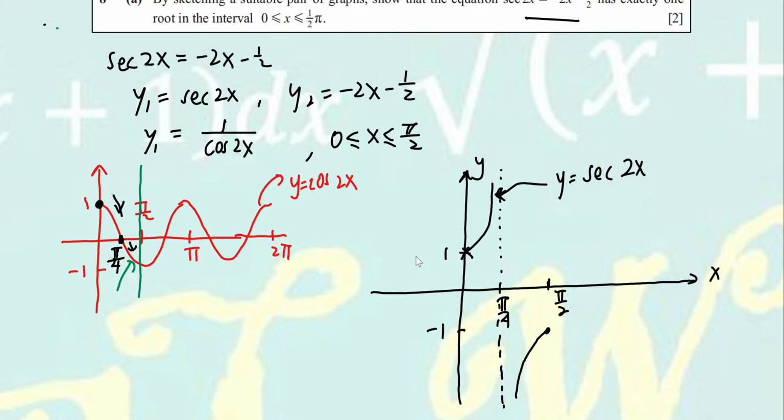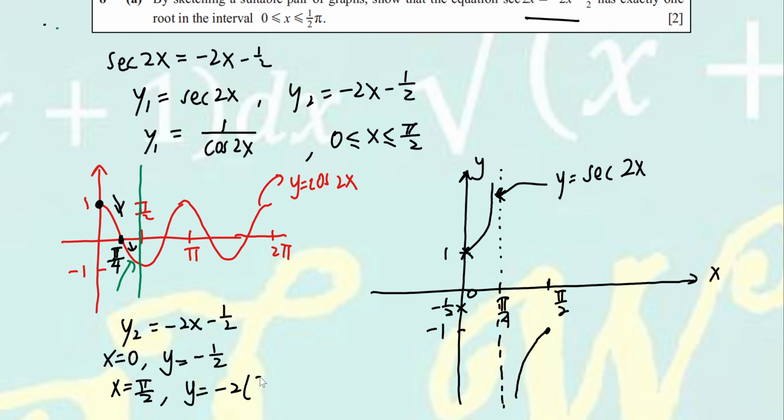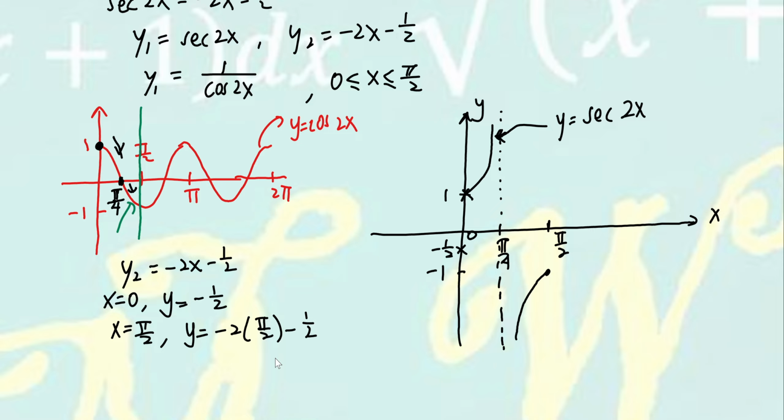So this is my sec 2x. And now for the y2, it is a straight line. So when x goes to 0, my y is minus half. So it's here. This is minus half. And then when my x equals to half pi, my y will be negative 2 times half pi minus half. This is minus pi minus half. So you must remember pi is 3 point something, right? So this is more negative. That means probably here.